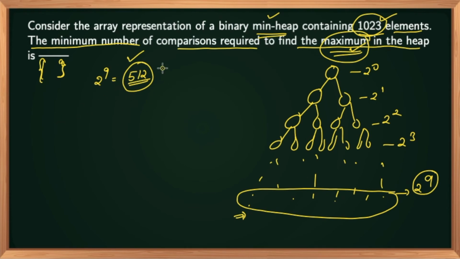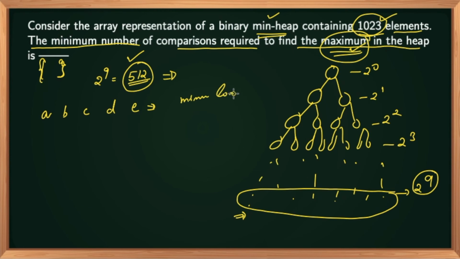So we have to find the maximum from this. So let's assume you have just 5 elements, maybe A, B, C, D, and E. Let's assume you want to find out the maximum of these 5 elements. Then how many minimum comparisons are needed?